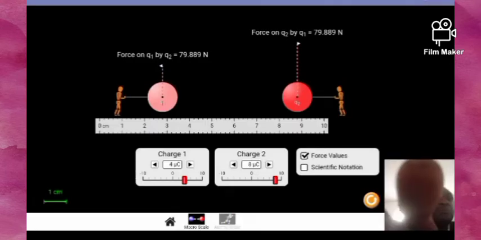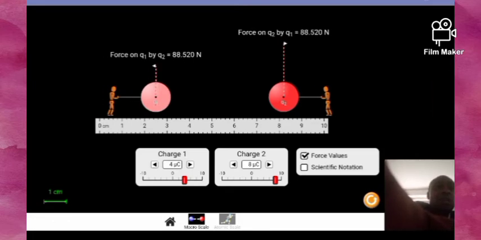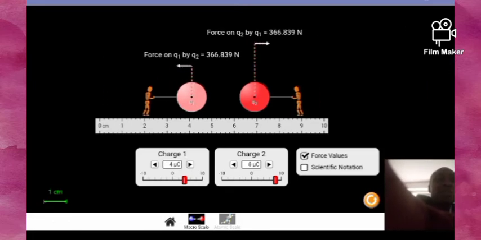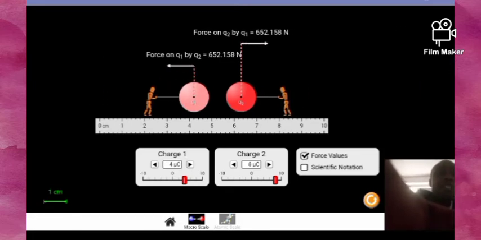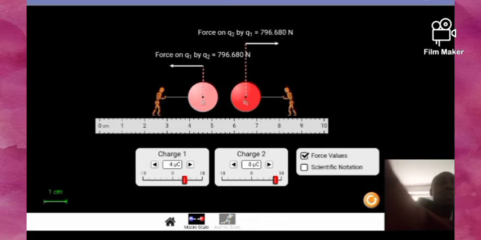Now I have made them of equal signs, that's positive, but different magnitude. Now let's look at their direction. You can see that the forces are repelling each other. As I move them closer, they repel. Can you see the direction?